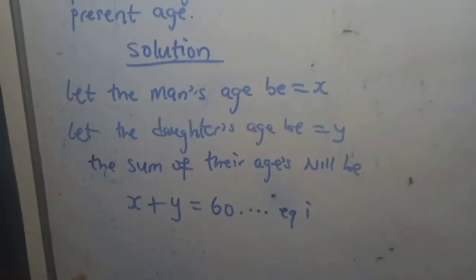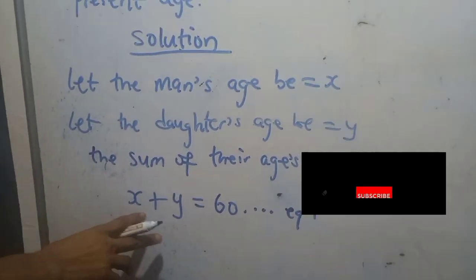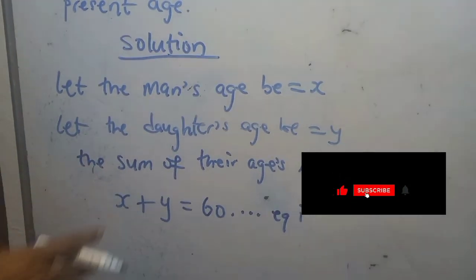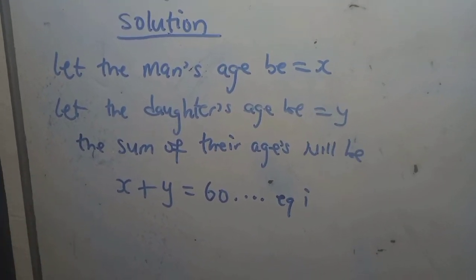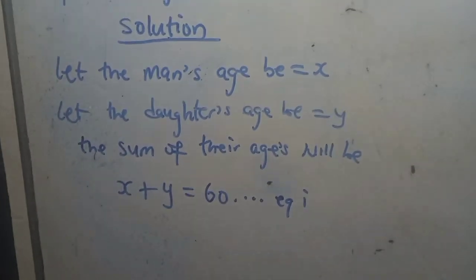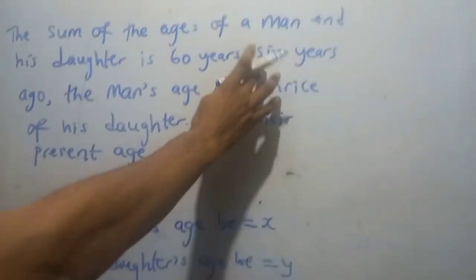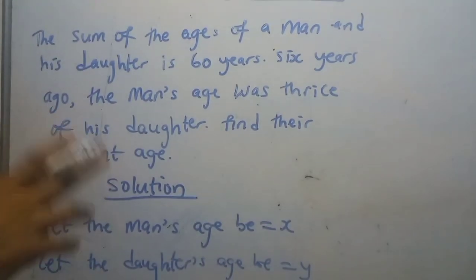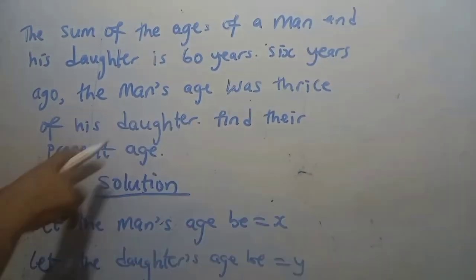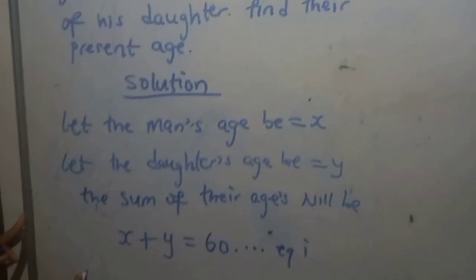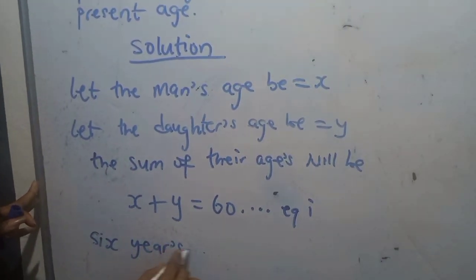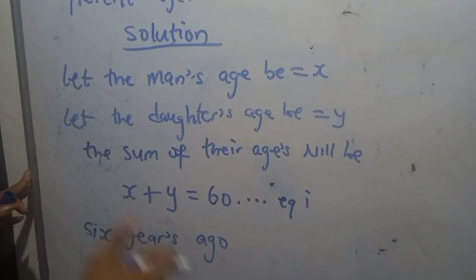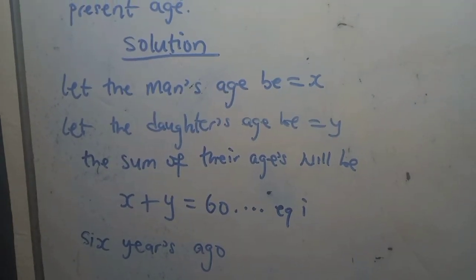So now automatically we know that this problem is a simultaneous equation. Since we are getting equation 1, this is linear to simultaneous equation. So the next thing to do is continue. 6 years ago, the man's age was thrice of his daughter. When is 6 years ago? It means backward, so 6 years ago means backwardness.